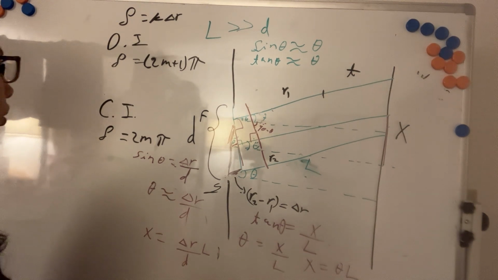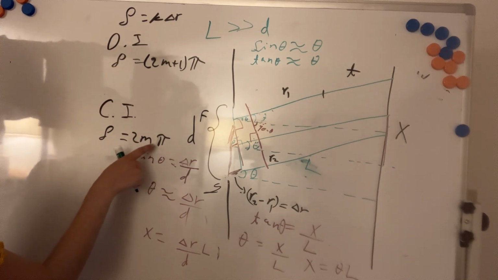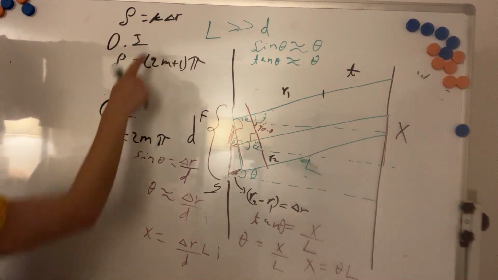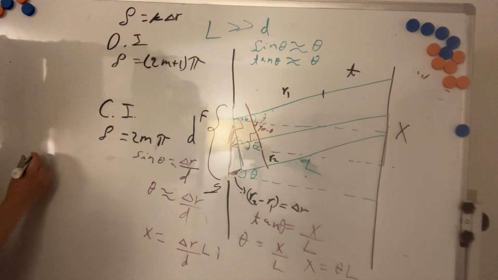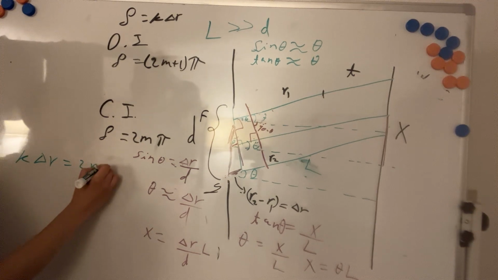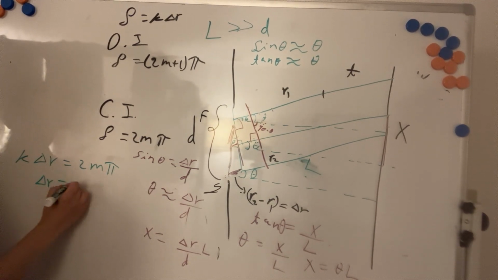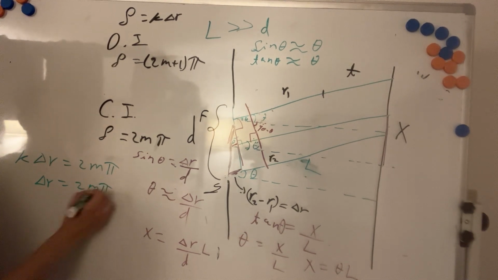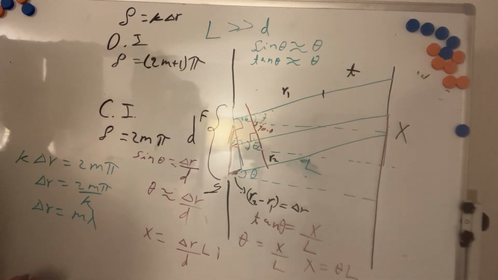So 2 m pi needs to be equal to k delta R. Yes, so k delta R is equal to 2 m pi, or delta R is equal to 2 m pi over k. 2 pi over k is lambda, so delta R is equal to m lambda.